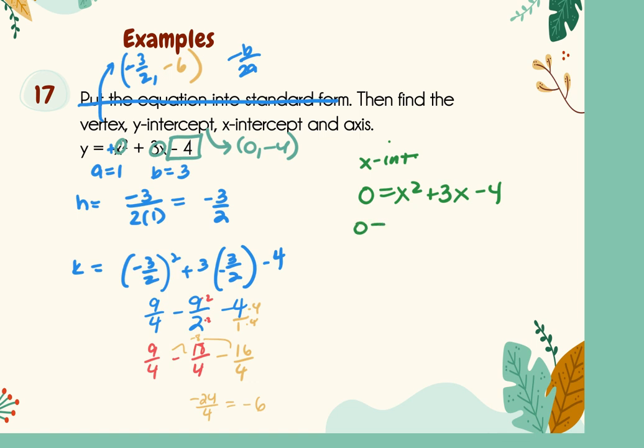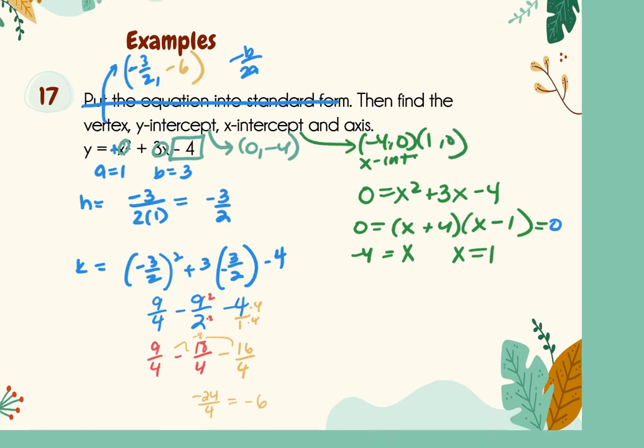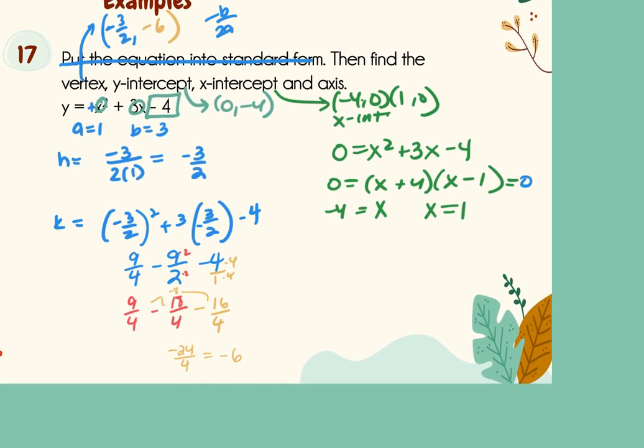I would get 0 equals x plus 4 and x minus 1. Split and solve. And I get x equals negative 4 and x equals positive 1. And then my axis of symmetry is x equals the x coordinate of my vertex, or h, which is negative 3/2.